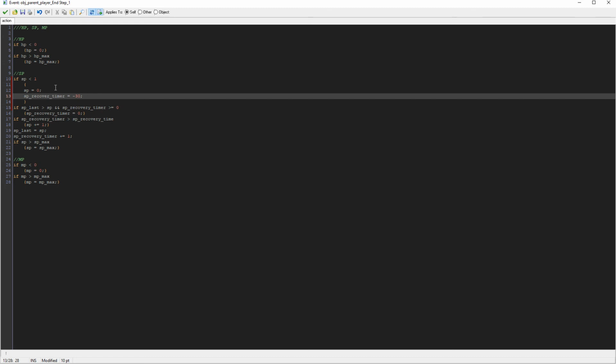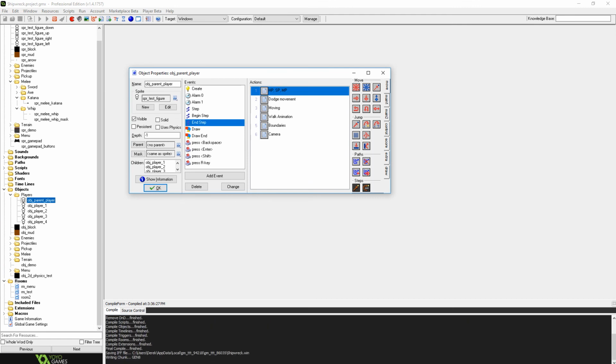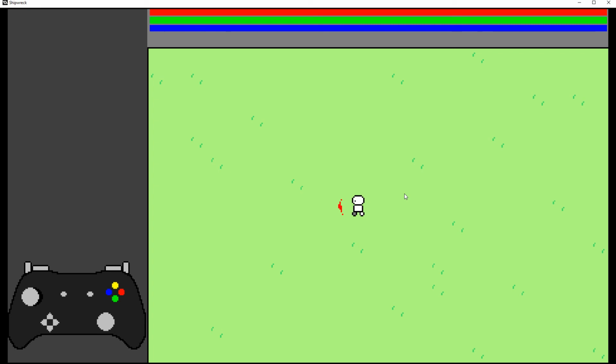So we're just trying to set it. If it gets too low, I don't think this will work. No, really?